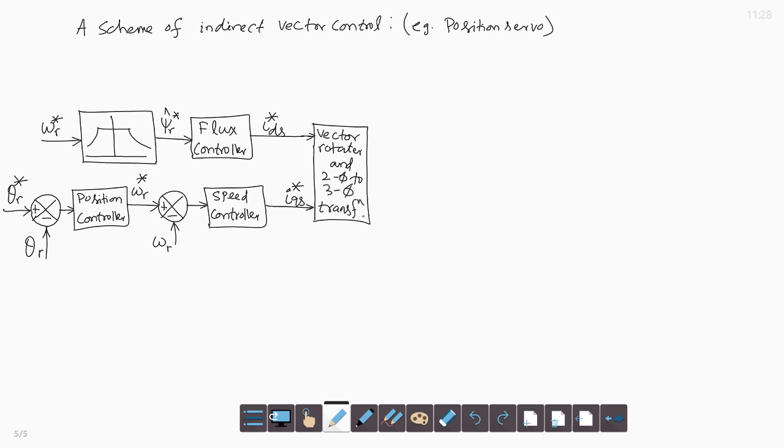Okay. So, in the power circuit, this 2 phase to 3 phase transformation takes the unit vectors cos theta e and sin theta e and generates the 3 phase current commands Ia star, Ib star and Ic star.